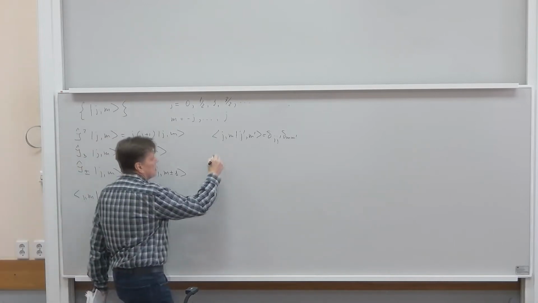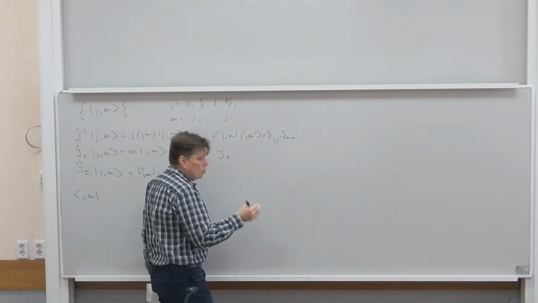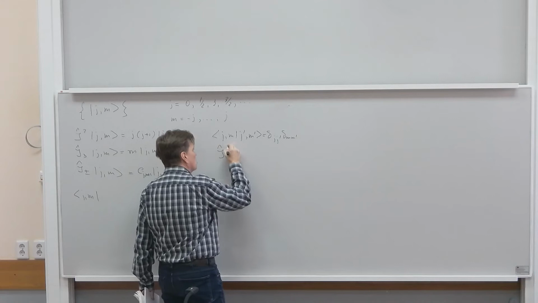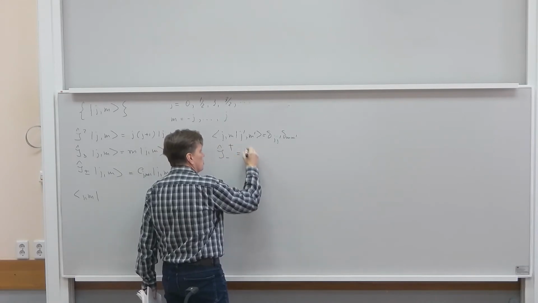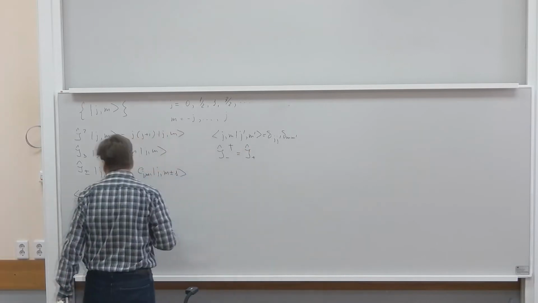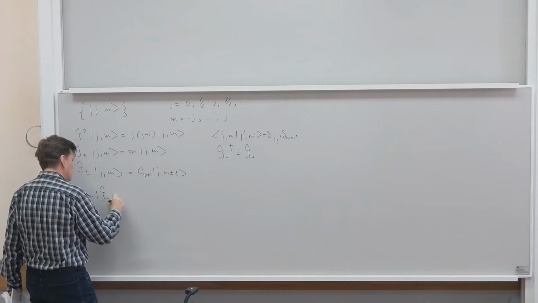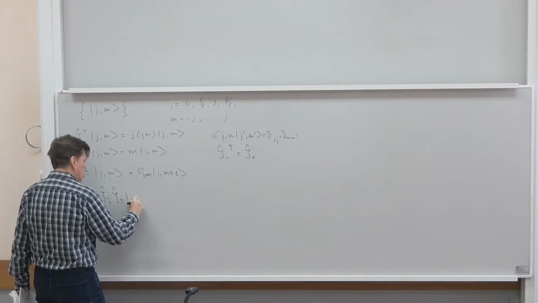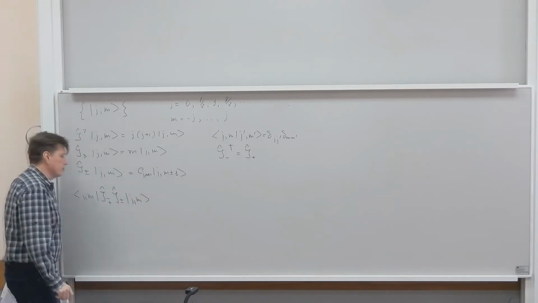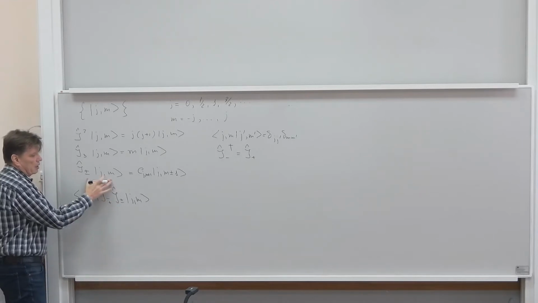Keep in mind that J plus and J minus are adjoint to each other, that is, Hermitian conjugation of J minus gives us J plus, and vice versa. We get immediately ⟨j,m|J∓ J±|j,m⟩. So this is the norm squared of this ket vector.